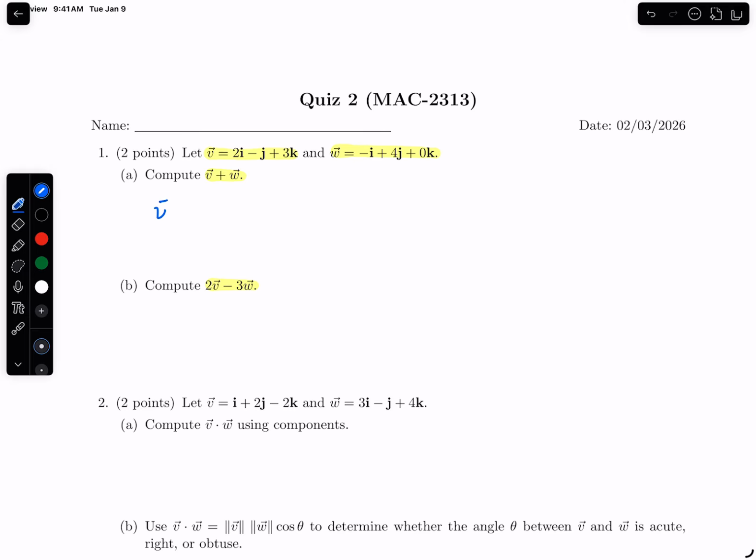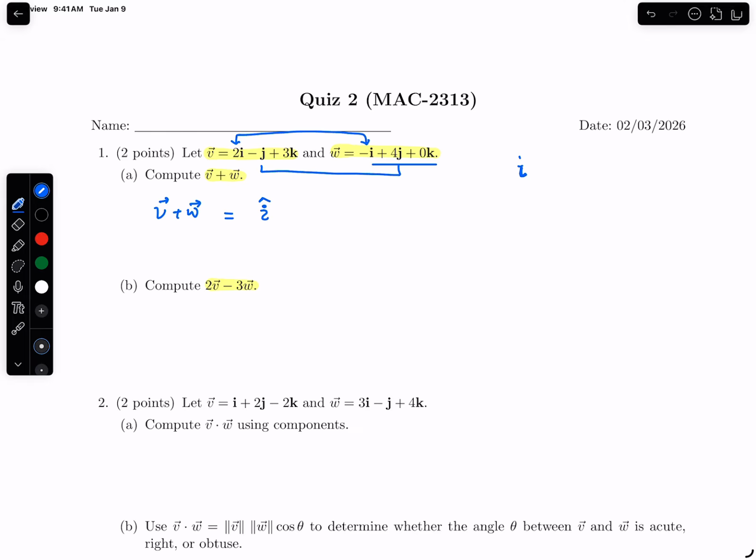So v plus w is nothing but we just add the corresponding components, so I'm not putting so many details here. This is 2i and this is minus i, so it should be i only. I'm using i hat because in this notation they are using bold i, so I'm just using i hat instead of bold i.